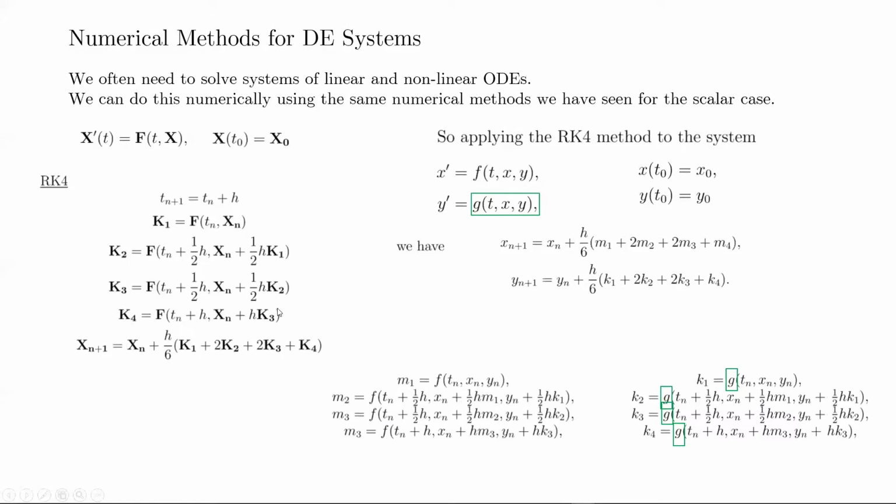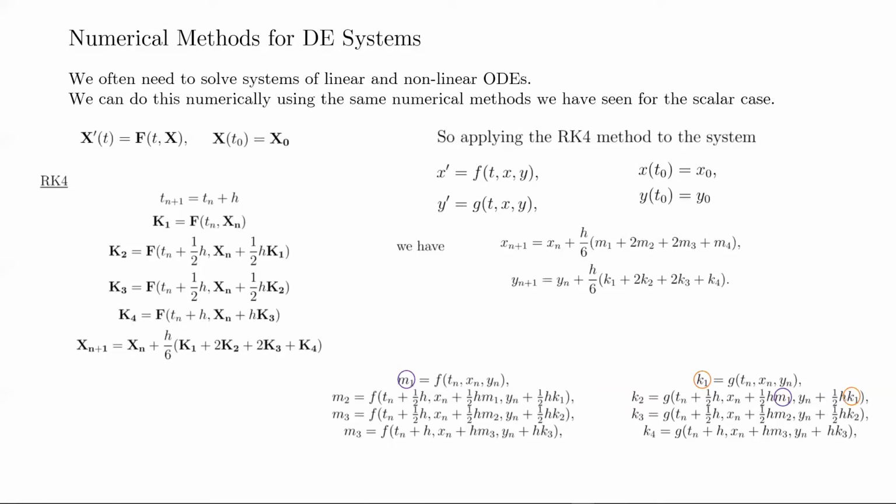So you can see that these are coupled, because if we want to write down m2, we need to know the value of m1, but we also need to know the value of k1, from the function g, the right-hand side of the second ODE. Similarly, if I want to find k2, I need to know both k1 and m1. So we have to solve these things all simultaneously.